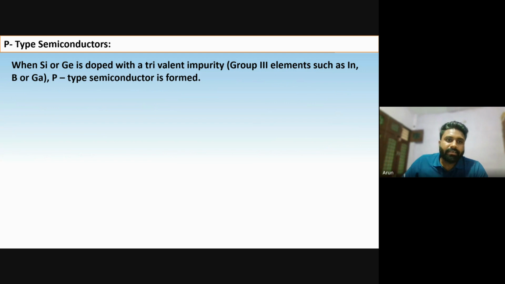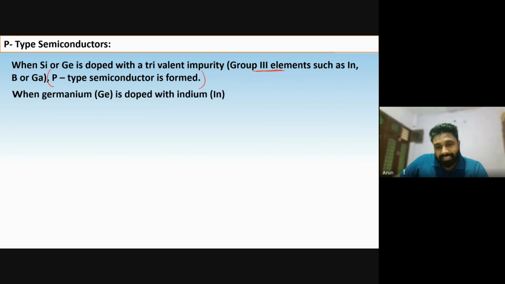You can see when silicon and germanium are doped with a trivalent impurity, these are the group three elements. You can remember this information. Group three elements behave as trivalent impurities, such as indium, boron, and gallium. So a p-type semiconductor is formed.